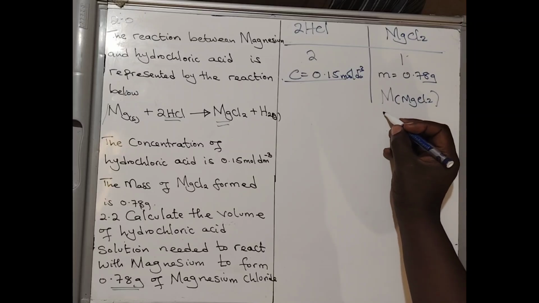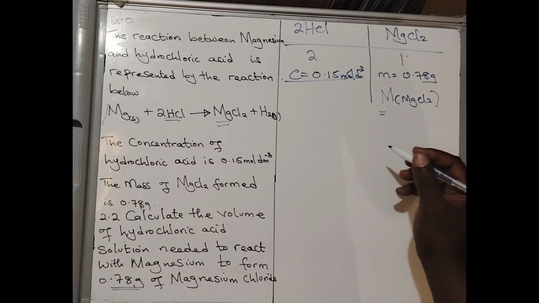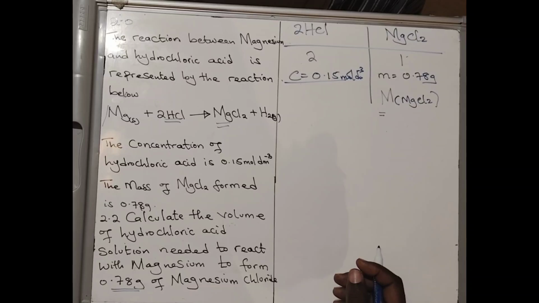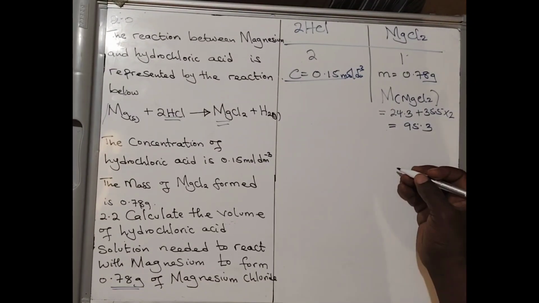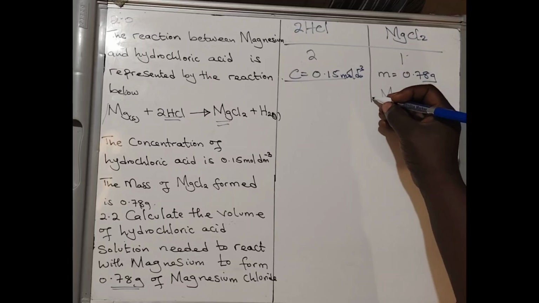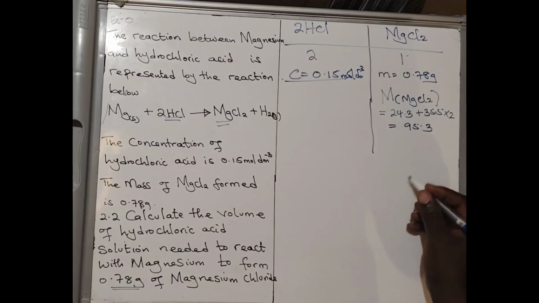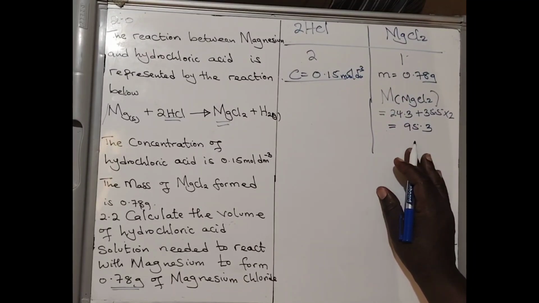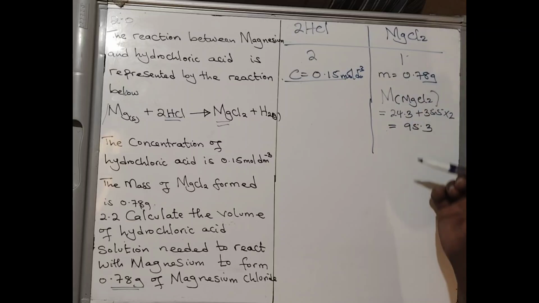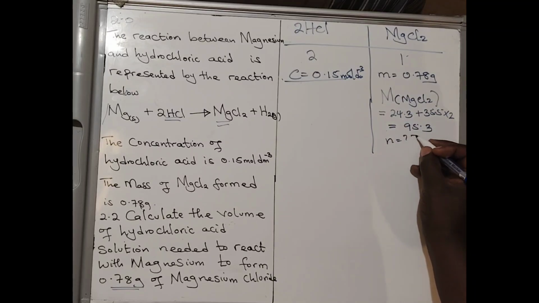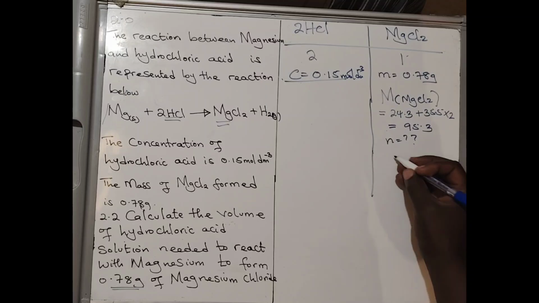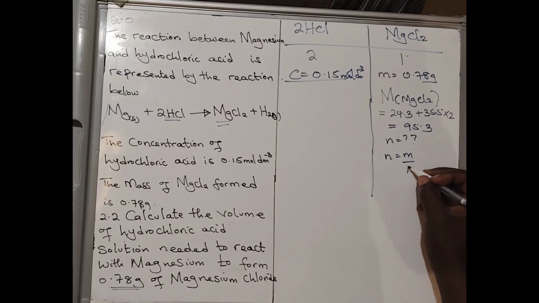Okay, let us get it. So we have our molar mass for magnesium. It is 24.3. Now having the mass and the molar mass gives you the number of moles, through the equation, n is equal to mass over molar mass.